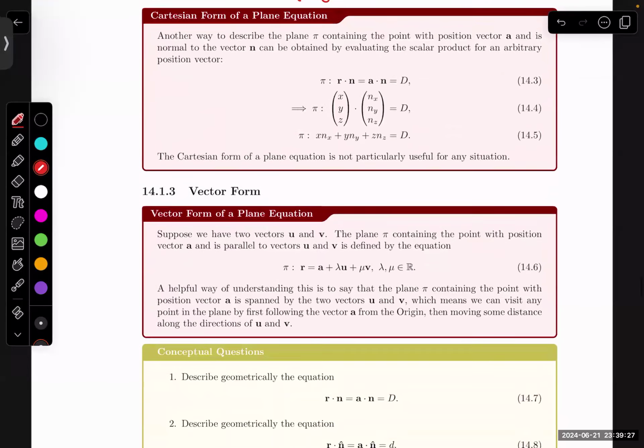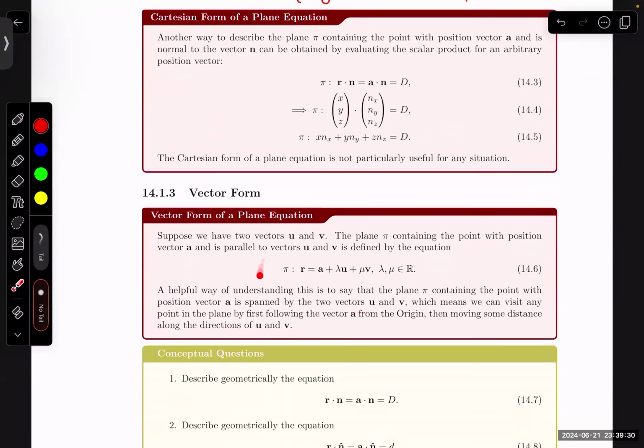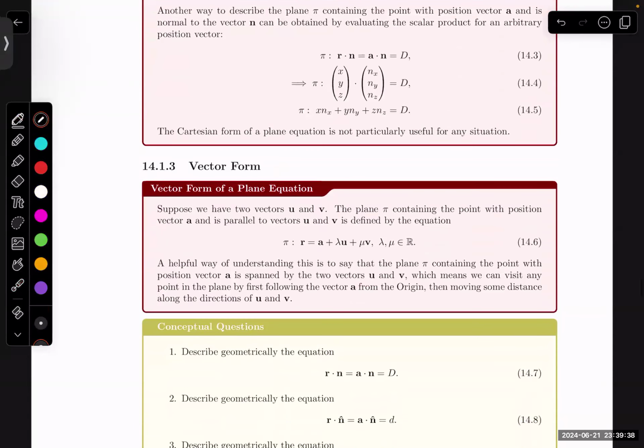Now the vector form. Vector form is just a different way to describe your plane. This is an alternative view of the plane. Let's say I have a plane over here. Let's just draw it smaller. I'm going to describe it the same way I described a line. First of all, I'm going to walk from the origin to the plane. I'm going to visit a point in the plane.